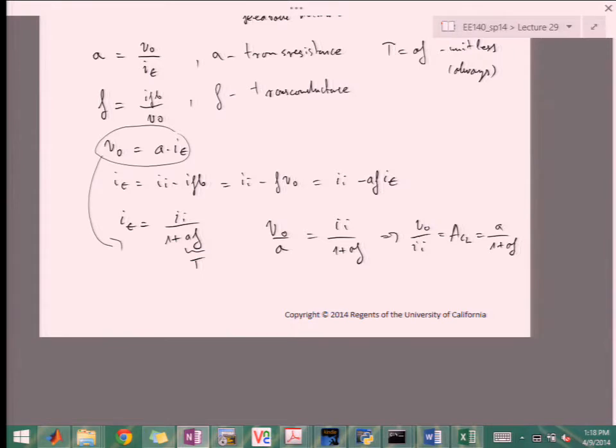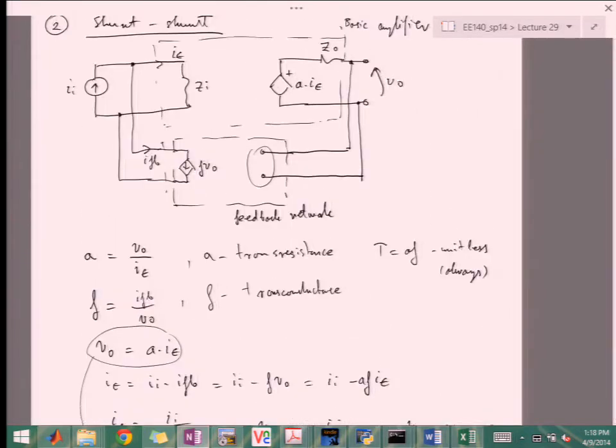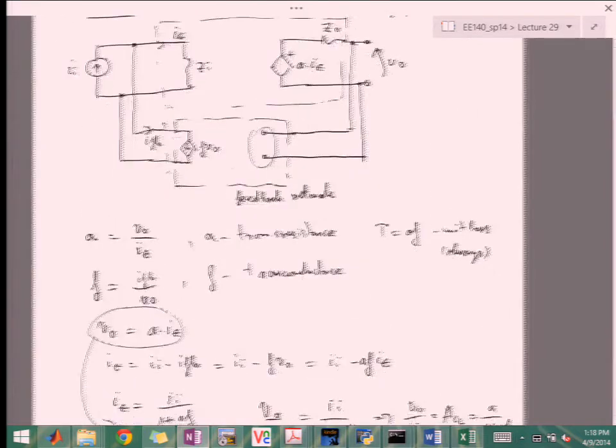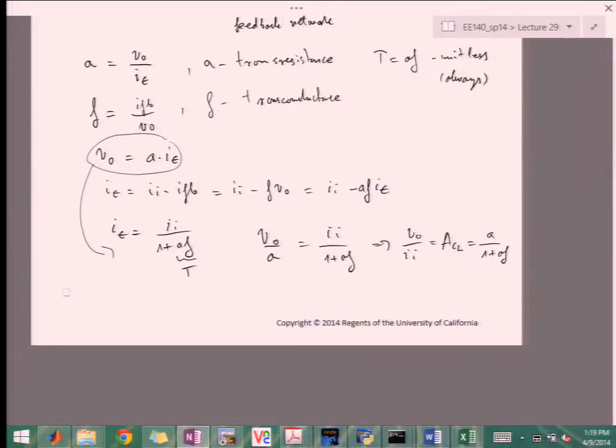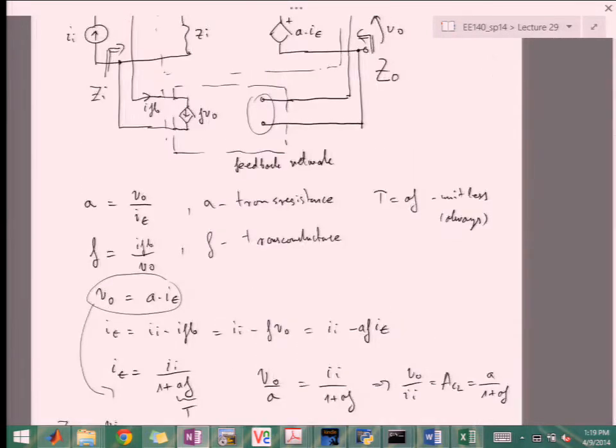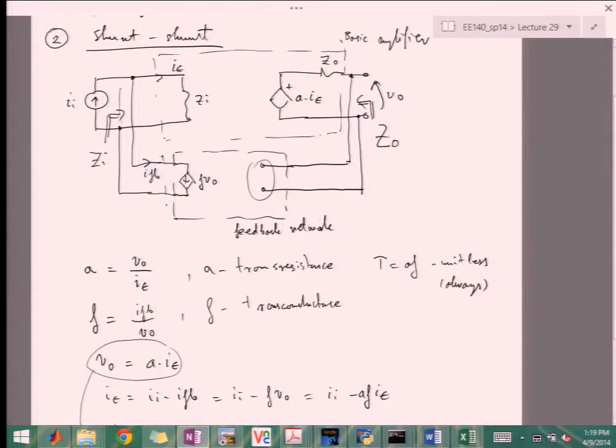Now, if you take a look at this, it's interesting to also look at the input as well as the output impedance with feedback. So we go from lowercase ZI and ZO to capital ZI, ZO. ZI will be VI over II, and in this case VI is here.